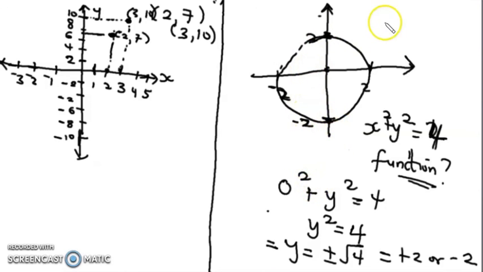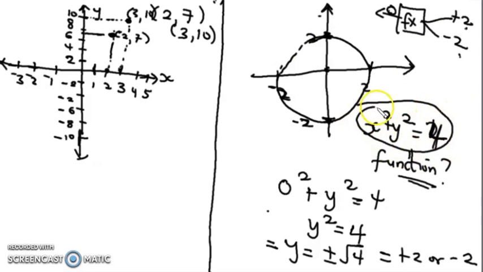So in this situation, when I put 0 into the equation, the output is positive or negative 2. And this is not a function. We cannot associate one input to different outputs. We can only have one output for a given input. And for that matter, this equation is not a function.